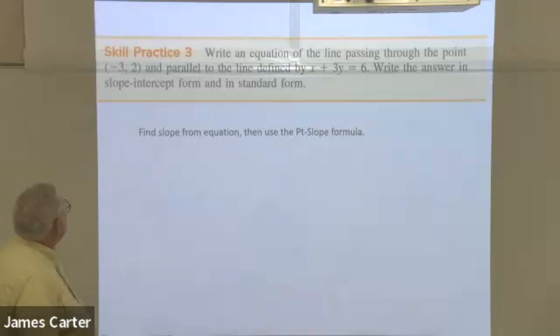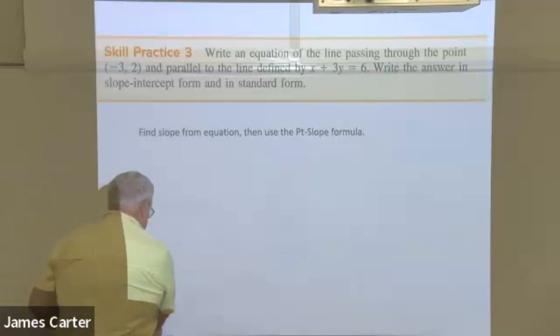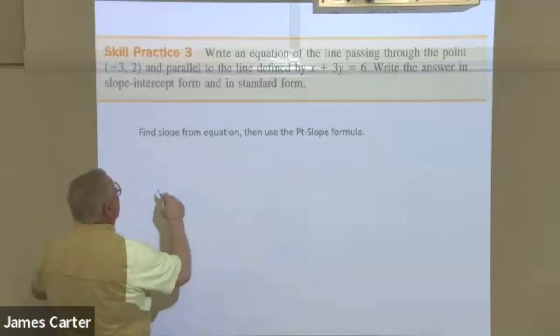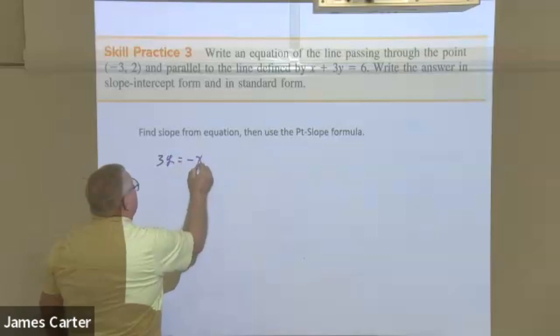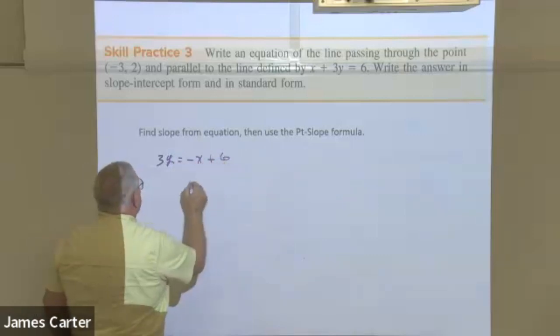Okay, this one, they give us this. First thing we got to do, put it in slope-intercept form. Well, that would be 3y = -x plus 6.